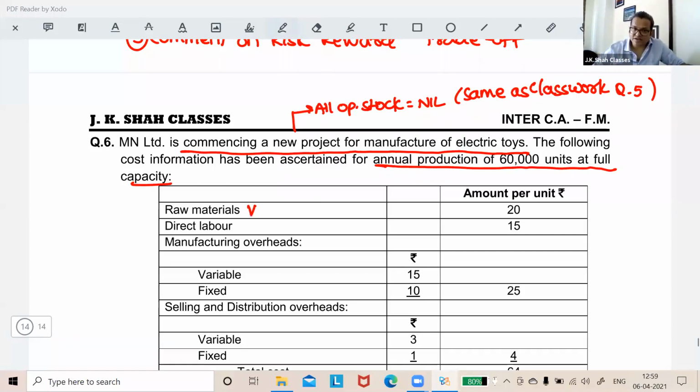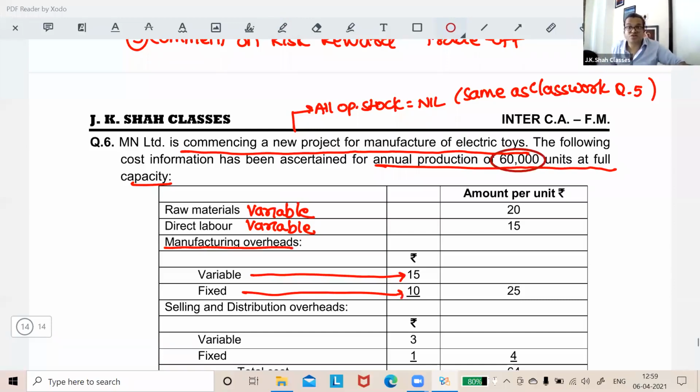Anyways, raw material is a variable cost. Direct labor is also variable cost. But see, in manufacturing overheads, variable is 15 and fixed is 10. Guys, please understand, fixed is 10, thinking that you're going to produce 60,000 units.